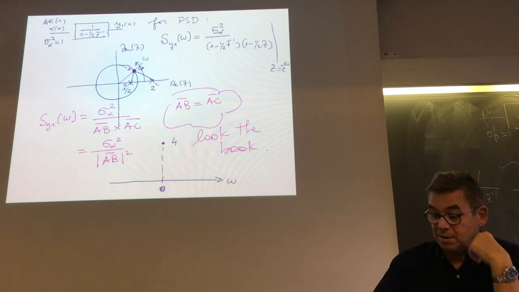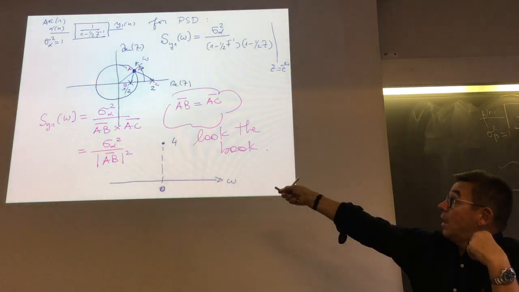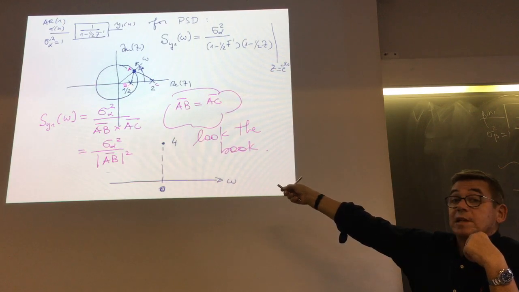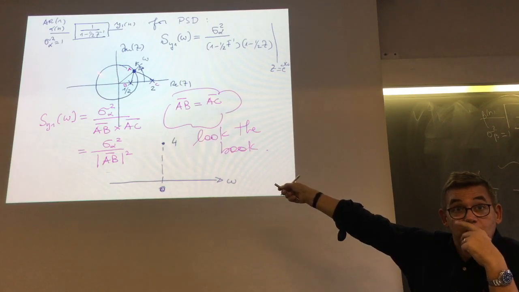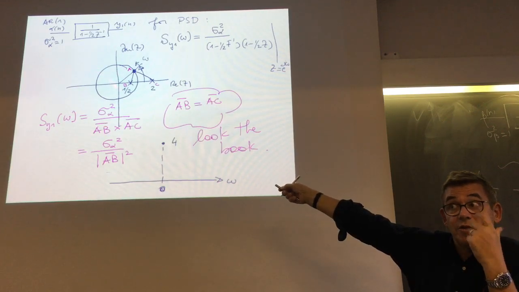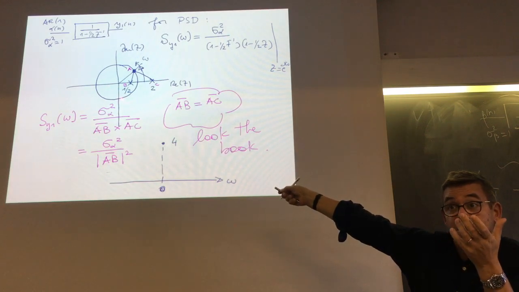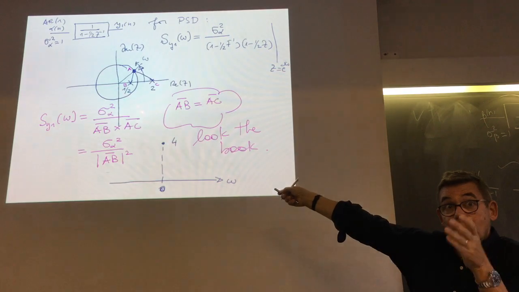When omega goes on the other side, the length is 1 plus 1/2, which is 3 divided by 2, to the power of 2, which means 9 divided by 4. That goes to the denominator, so it is 4 divided by 9.